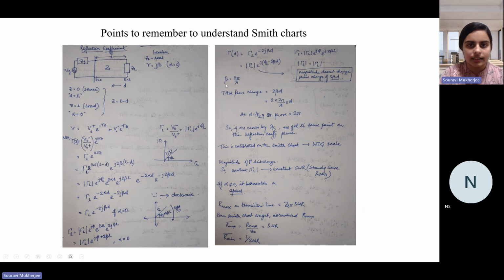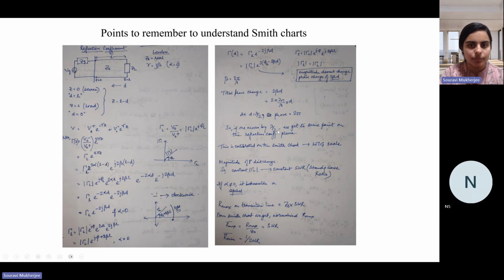Now if you consider that beta is given as 2 pi by lambda, then d equal to lambda by 2. If lambda is your signal wavelength, then when your d becomes lambda by 2, you acquire a phase of 2 pi, which is same as the initial signal.